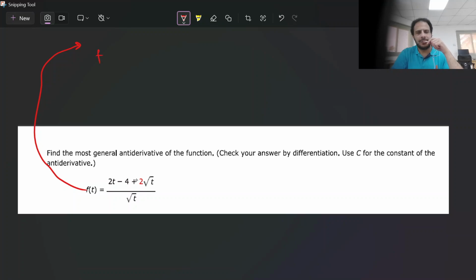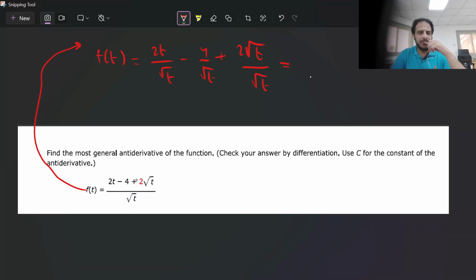So we have f of t equals, first we simplify. Okay? We get 2t over square root of t minus 4 over square root of t, you distribute the division, plus 2 square root of t over square root of t.